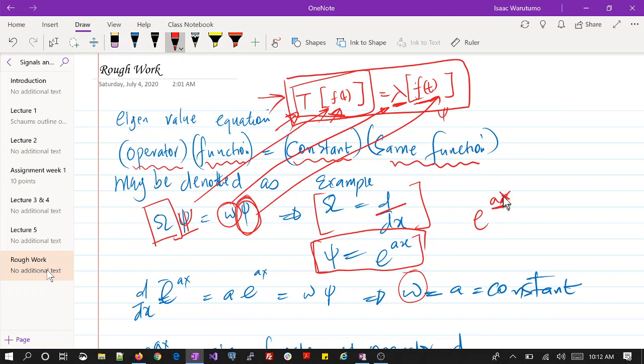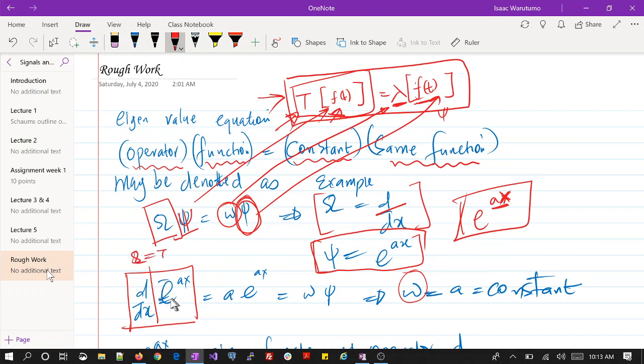This is the exponential that we normally express as such. So if this is your function, and you want to differentiate it with respect to x, then d/dx is the operator omega, or the one I've also called T.